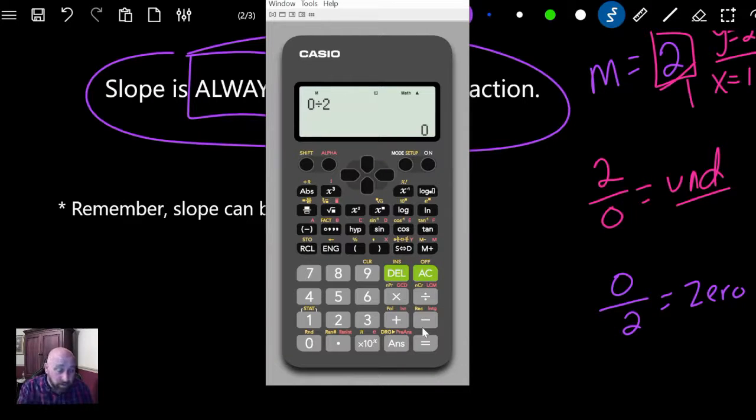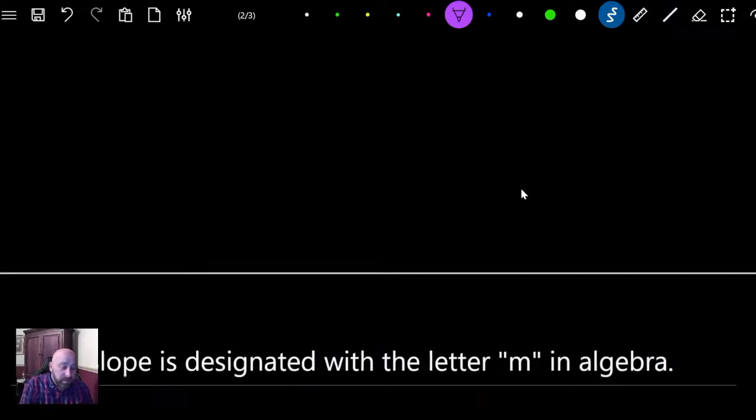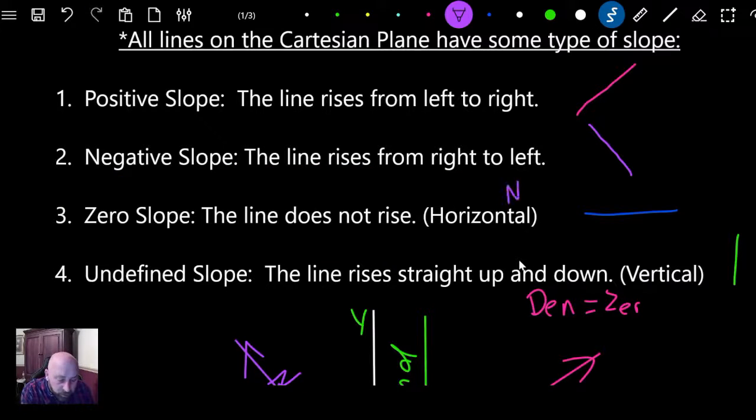So our solution is 0. Whenever you divide 0 by anything, you always get 0. Anything divided by 0 is always undefined, but when 0 is the numerator, it always yields 0.